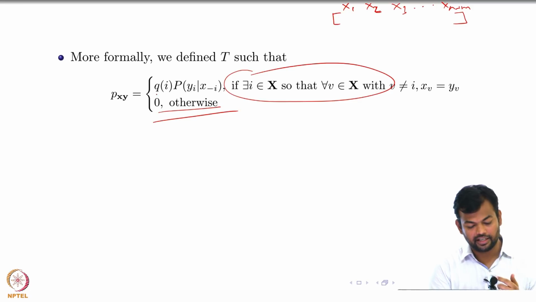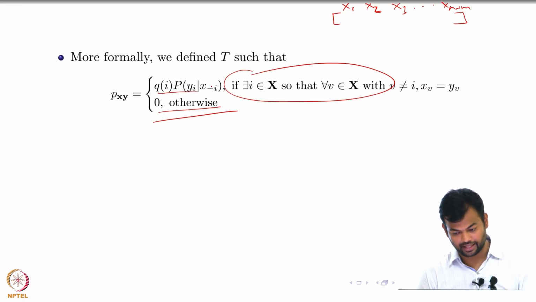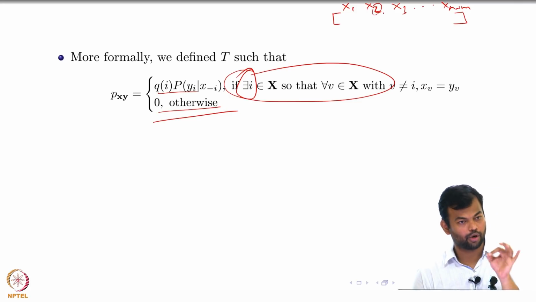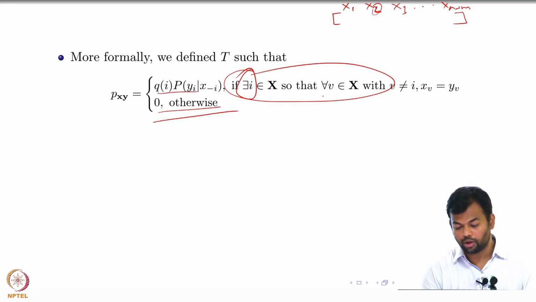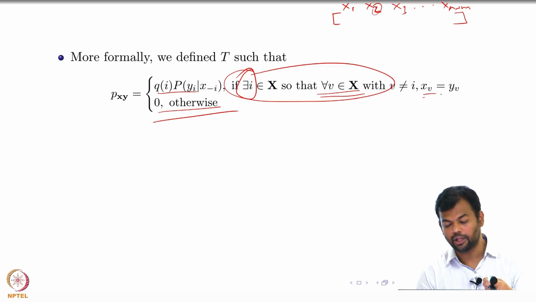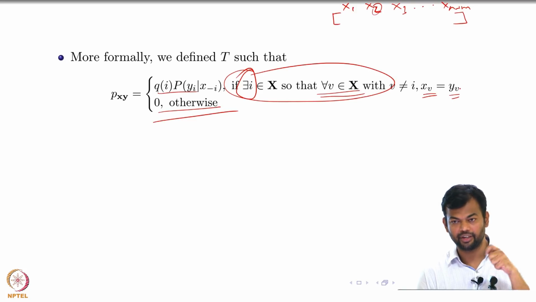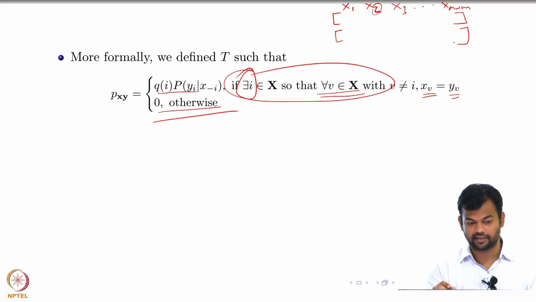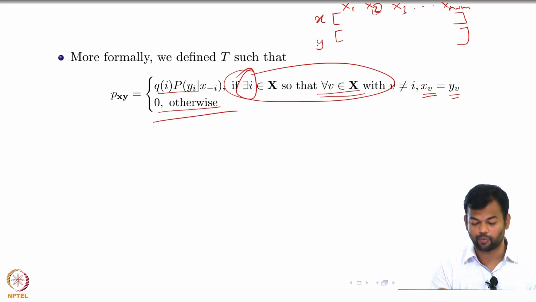For the first condition, this is just a more formal way of saying that there exists an i, a number i belonging to 1 to n plus m, such that for all the random variables belonging to x, if the index of that random variable is not equal to i, then the value is the same across these two states. Do you get that? How many of you are able to read this now? So I have these two states, right? I have the state x and I have the state y.